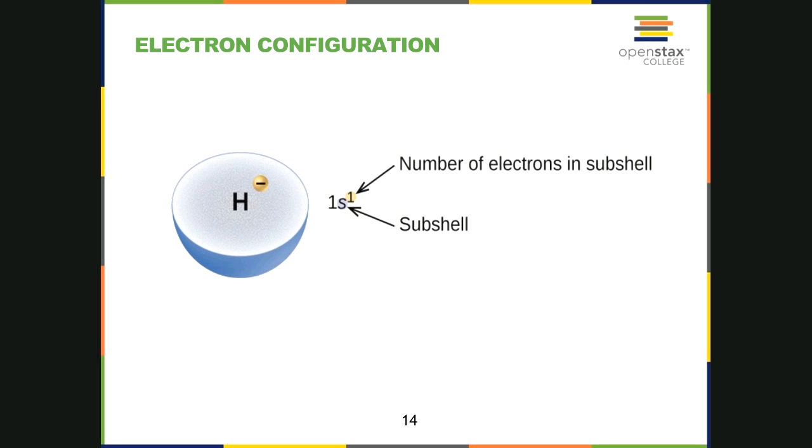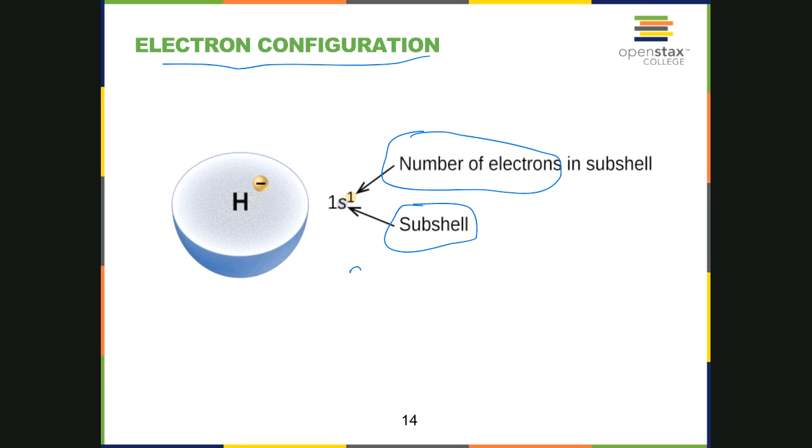Okay, now let's look at this. Electron configuration expresses how many electrons are in which orbital. It's the number of electrons, and then it's indicating which subshell, which orbital, those electrons are in. So in this case, we have 1 electron in the 1s orbital.